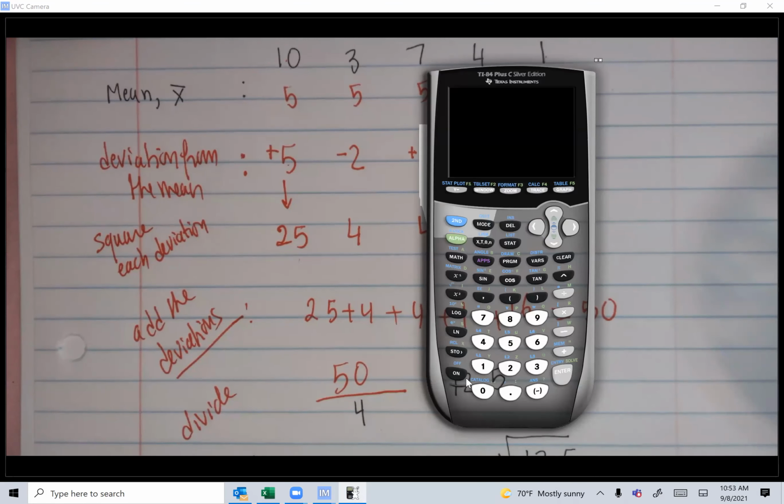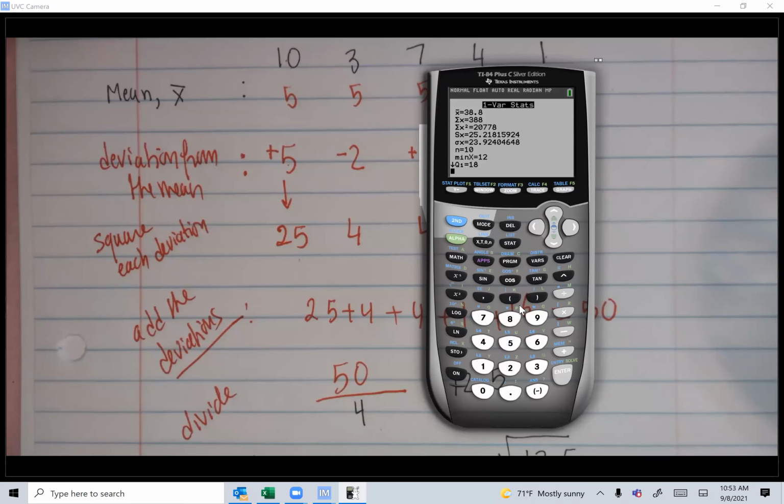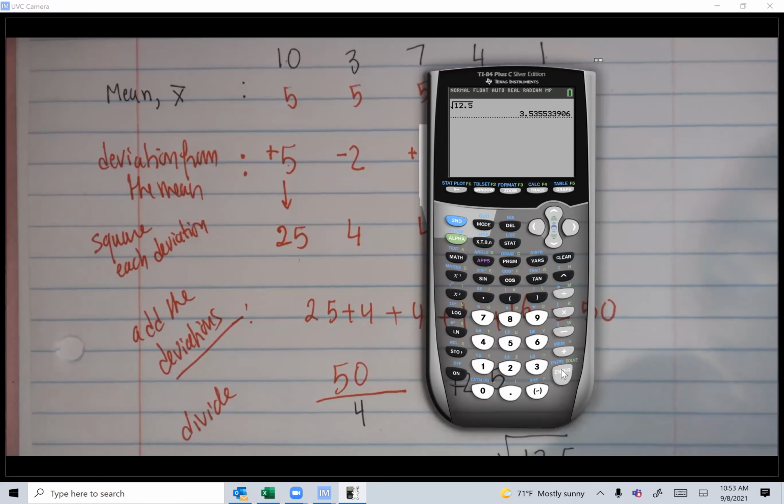So you just bring the calculator, turn it on, and you go second, and this is a square root, and put 12.5 there, enter, and it is 3.5 to one decimal place.